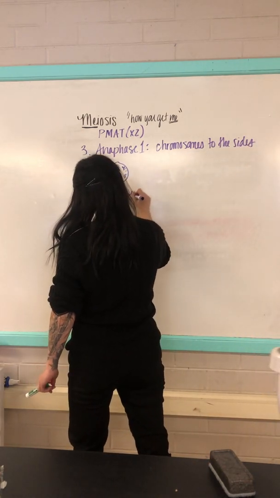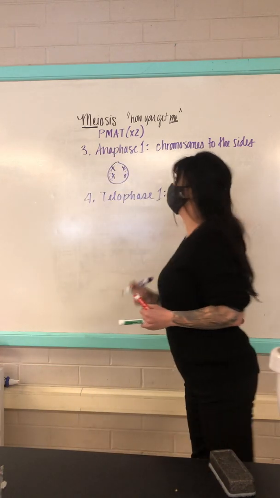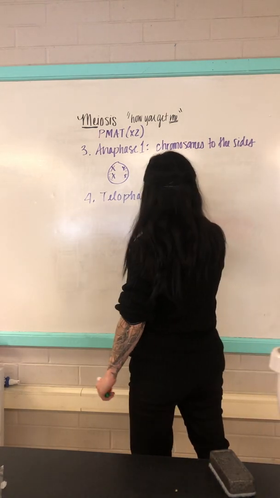Telophase. And this is telophase 1 because with meiosis it goes through this process twice. So telophase 1, the chromosomes are going to gather on the poles of the cell and the cytoplasm divides.